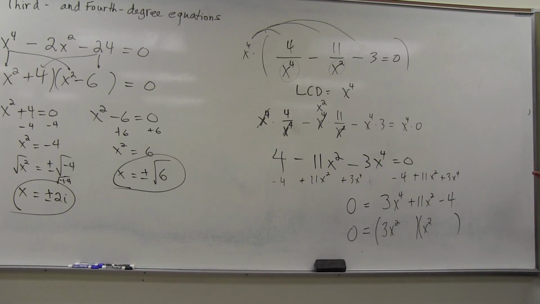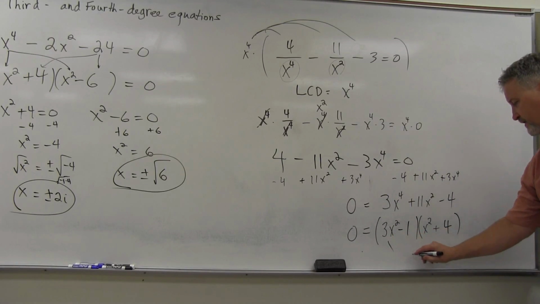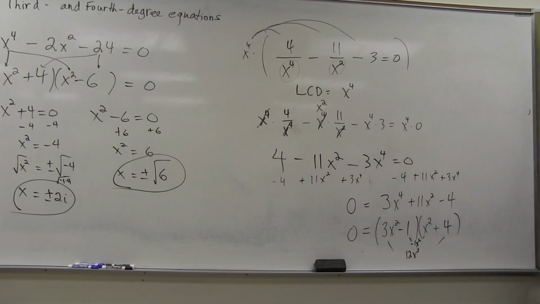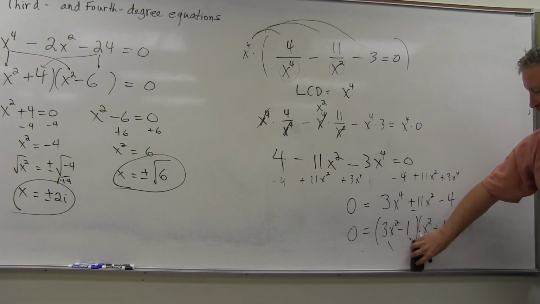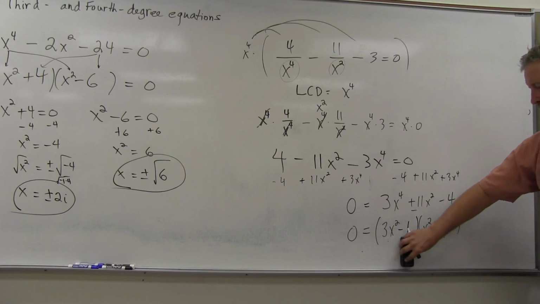You have to look at the outer and the inner terms. I believe a 4 is going to go here and a 1 here, a positive here and a minus here. That and that are 12x squared, and that and that are minus 1x squared, and so that makes the 11. You just have to try and see what works.